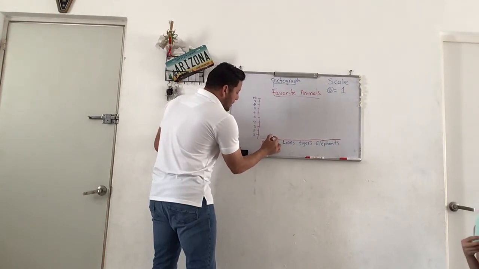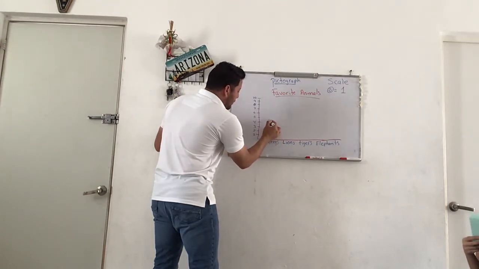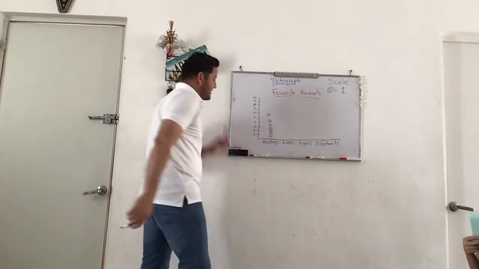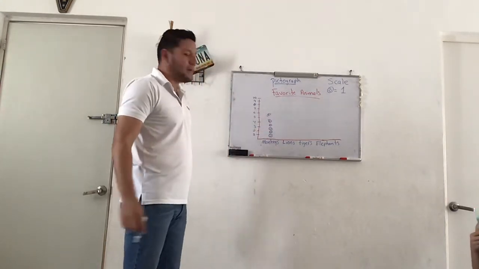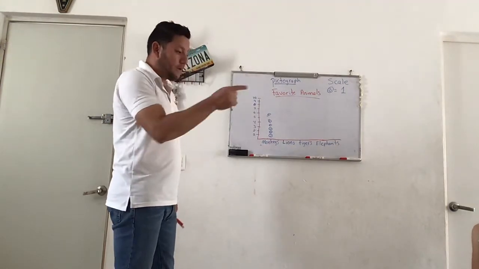So we got 1, 2, 3, 4, 5, and 6. Okay, these are 6 smiley faces. We dealt with monkeys. How about the next one?